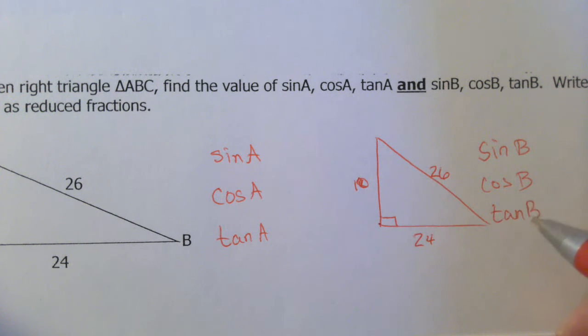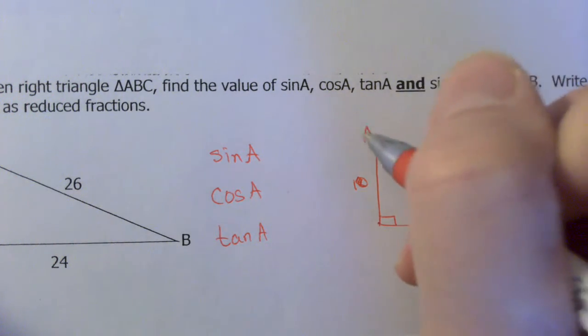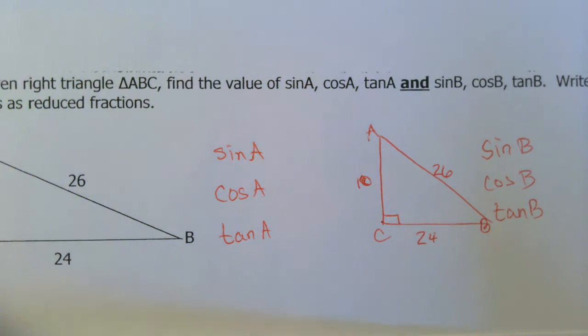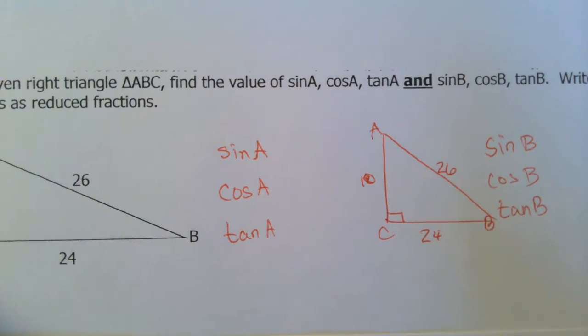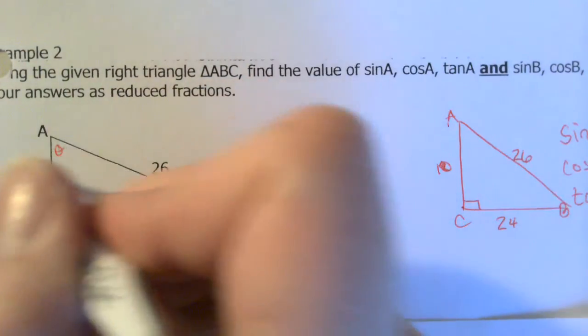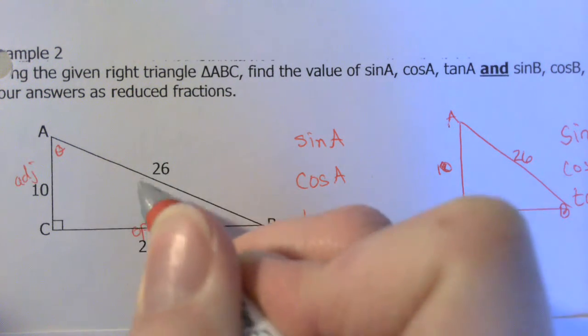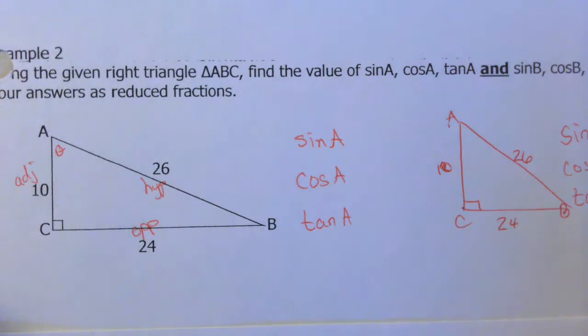And what would probably help me more is if I actually label this. So this is B down here, A, and C. Okay, so why did I redraw my triangle? Over here, if this is my angle, this is my adjacent, this is my opposite, and this is my hypotenuse. So we want to see those labeled.